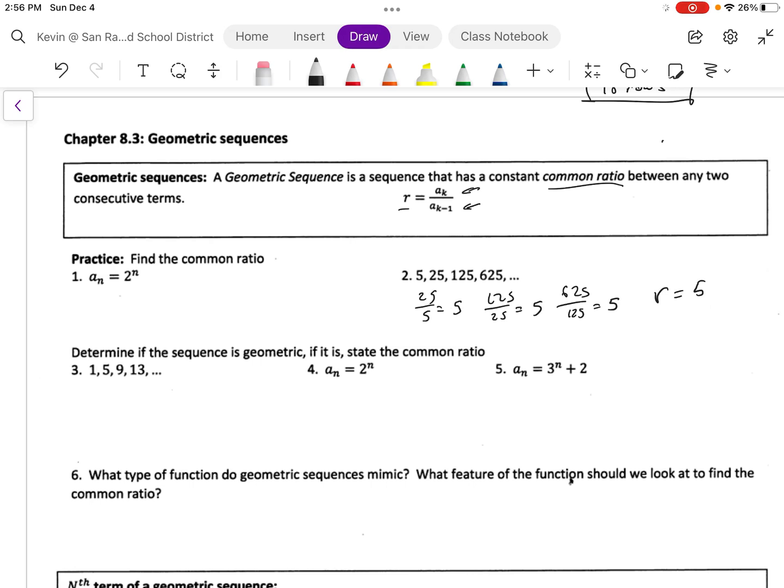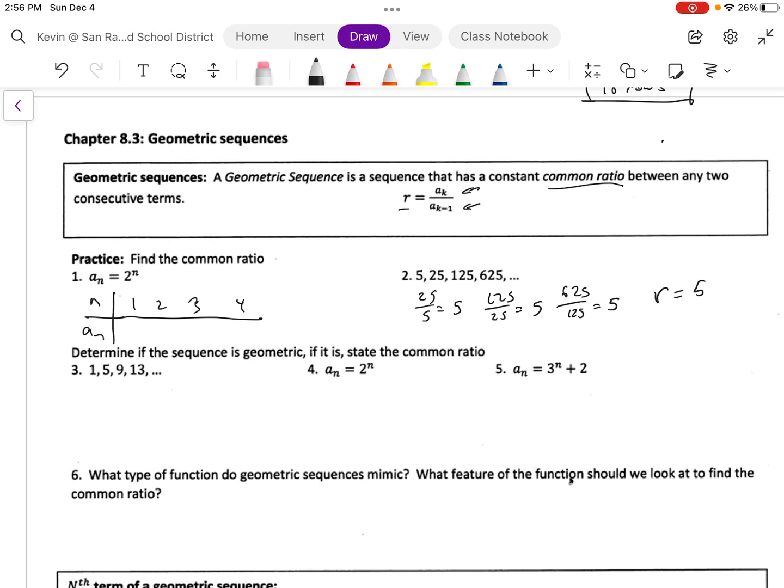Coming over here, we'll make a quick table to see if we can find out what our common ratio is. This is going to be n, and this is going to be a sub n, or 2^n. So one, first term, second term, third term, fourth term.